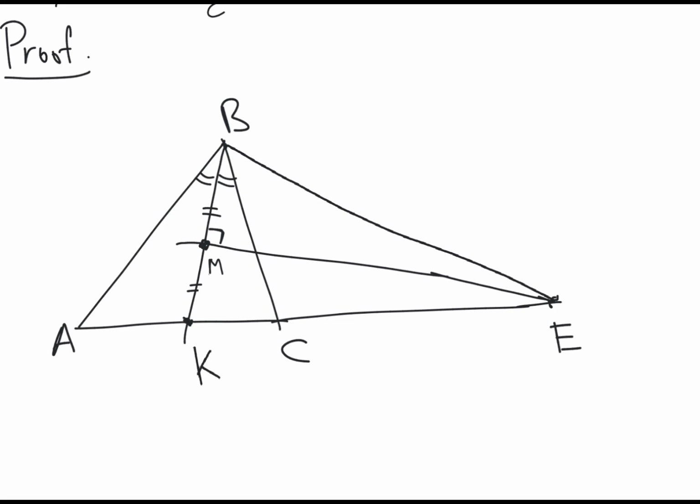So observe that the triangle KEB is isosceles, because in this triangle EM is both an altitude and a median, because M is the midpoint and it's a right angle.